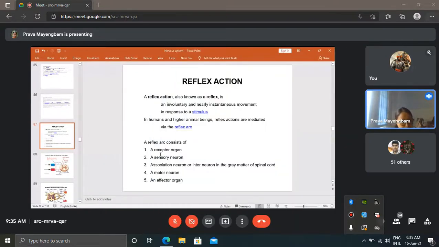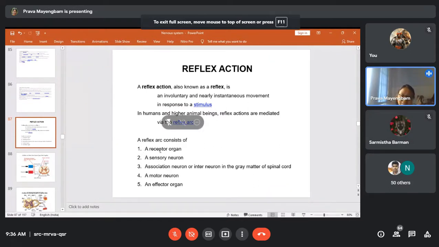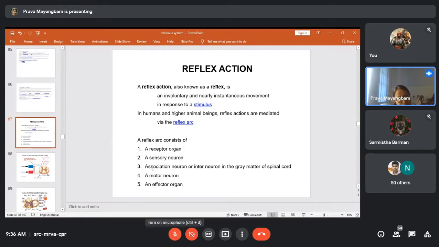The sensory neuron will go to the spinal tract, where it will give the stimulus to an association neuron.